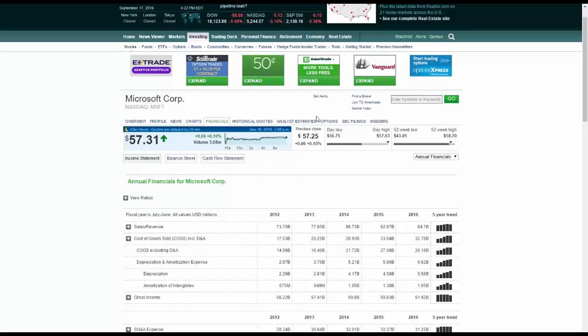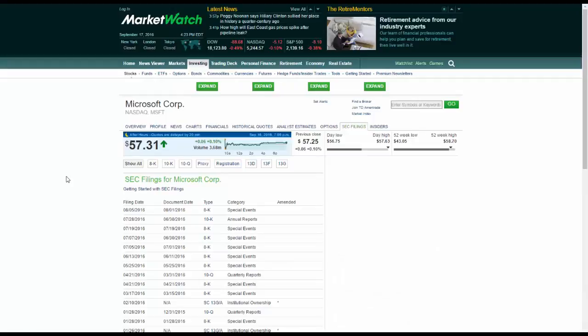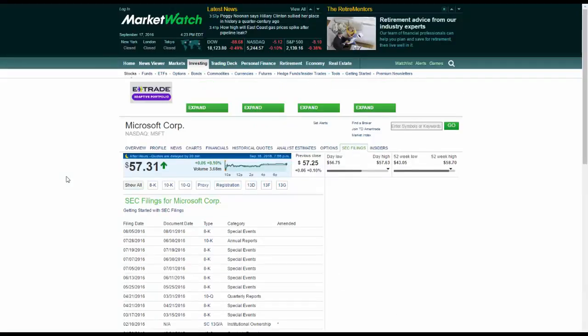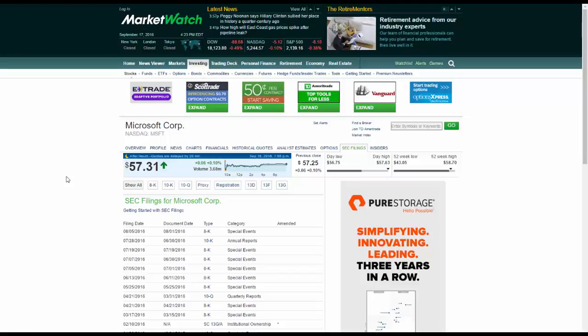Jumping ahead a little bit, the SEC filings are important as well. When we go to the SEC filings, first, SEC stands for Securities and Exchange Commission, which is the regulatory body that oversees the trading of these stocks.